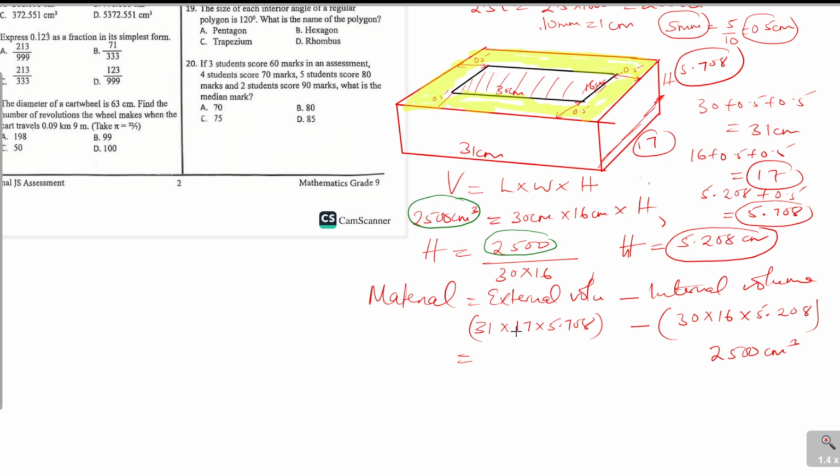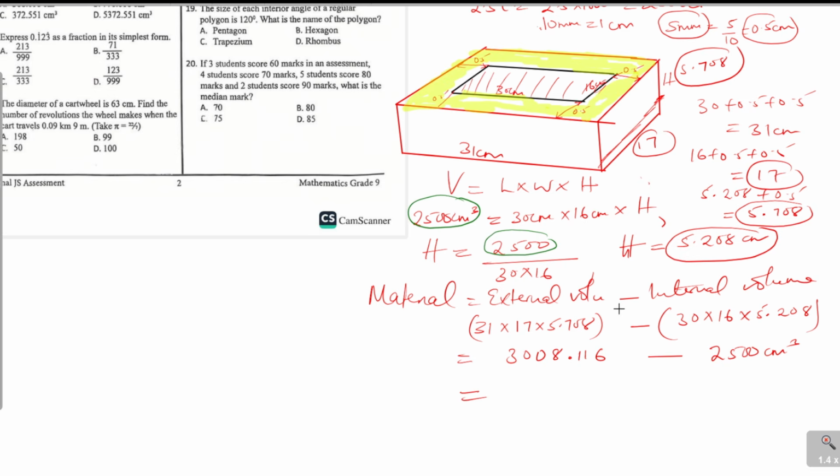So the external volume is what you're supposed to get. And when you multiply these, you have 31 times 17 times 5.708. These will give 3008.116. So now when you subtract these, we'll get the material.